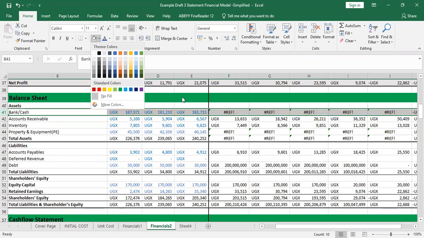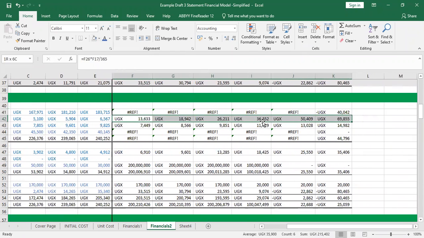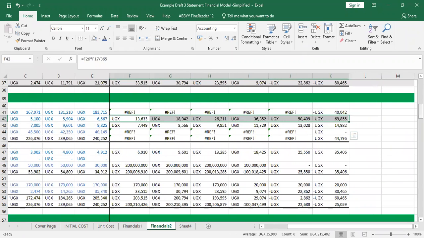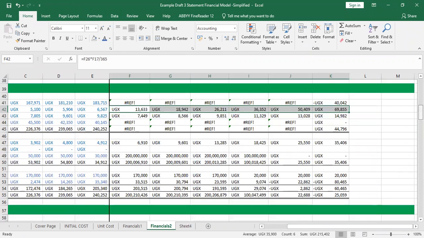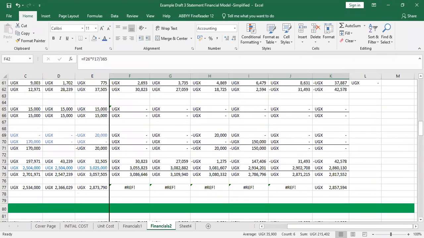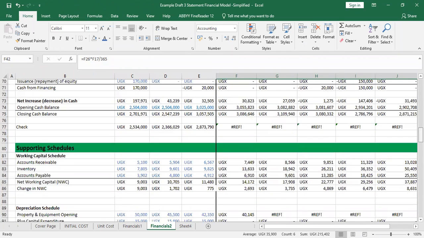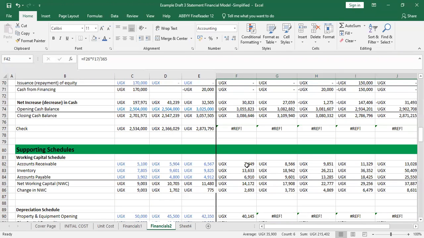So you will see this is usually filled last after we finished our cash flow. It was computed here, and this figure is what you are seeing here in the supporting schedule.